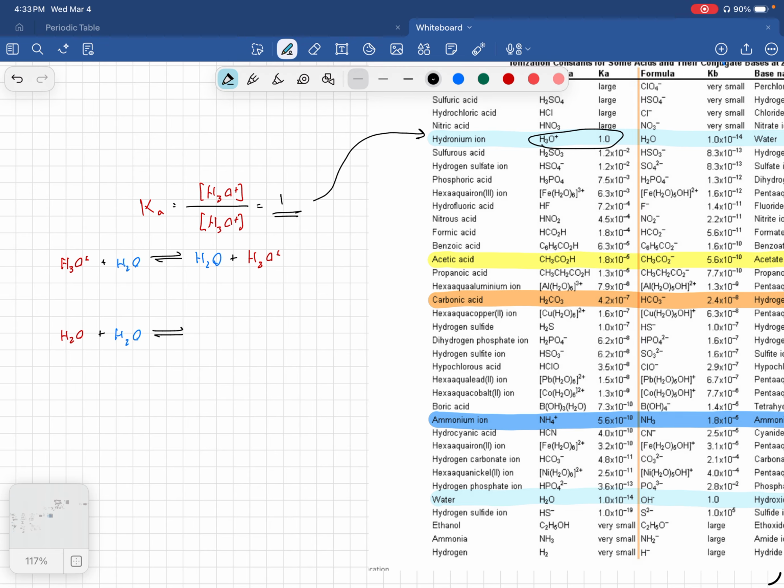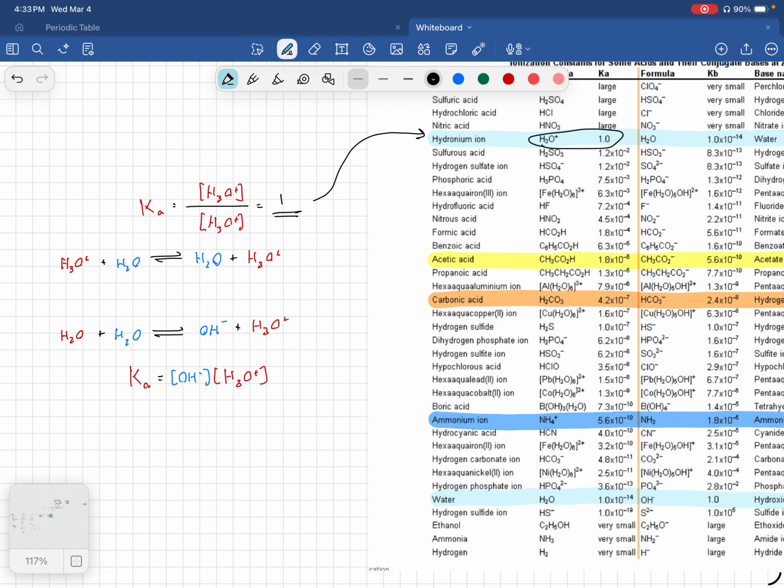Now, on the other hand, if we have water acting as an acid, in water acting as a base, then the conjugate base form of H2O is OH minus, and the conjugate acid form of H2O is H3O plus. If we write the Ka expression for this, we get the equilibrium concentration of OH minus times the equilibrium concentration of H3O plus.